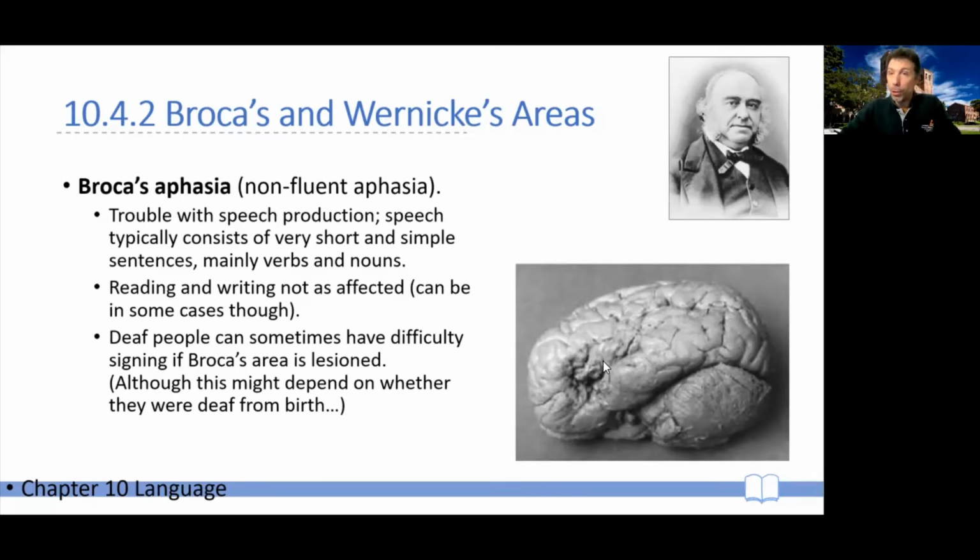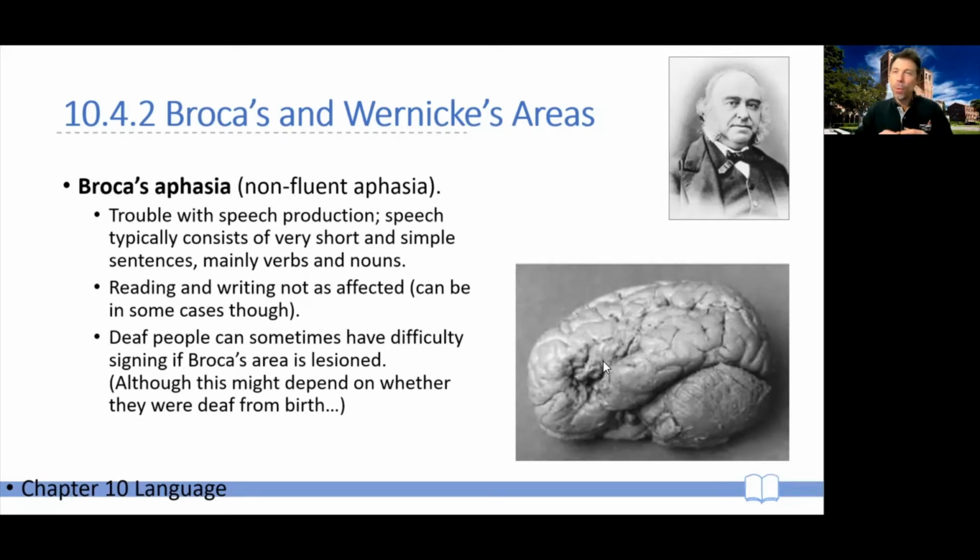Now, typically, patients who have damage to this area tend to have trouble with speech production. Their speech is often reduced to a start-stop, short and simple type of sentences, mainly just verbs and nouns and simple conjunction connectors.